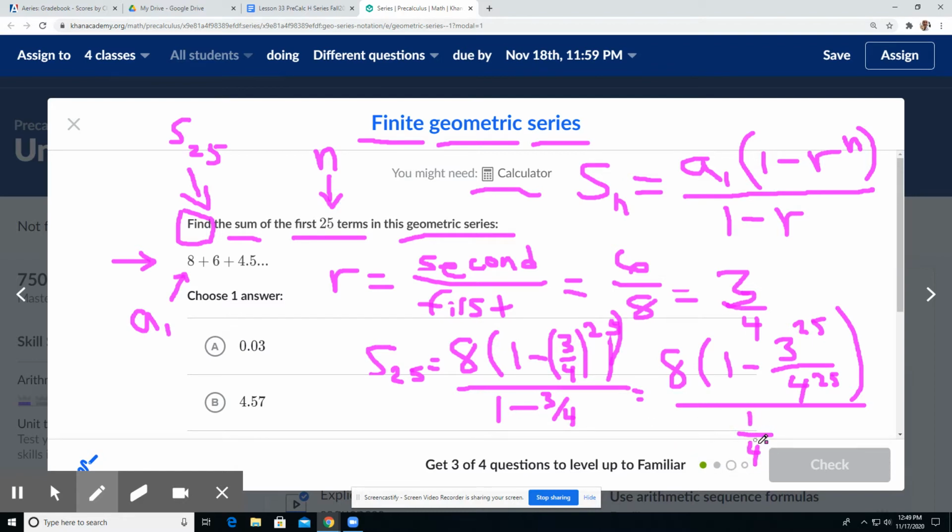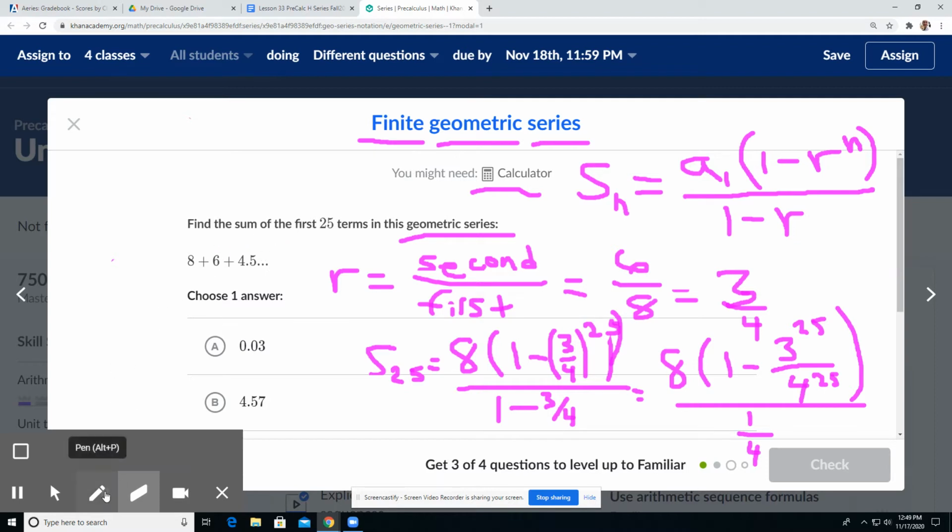This would flip and multiply, so that's really a 32, but we can worry about that in a bit. Let's get this out of the way. And 3 to the 25, let's see if my calculator lets me do that. Oh, it's a really big number. All right. Let's see. Options.